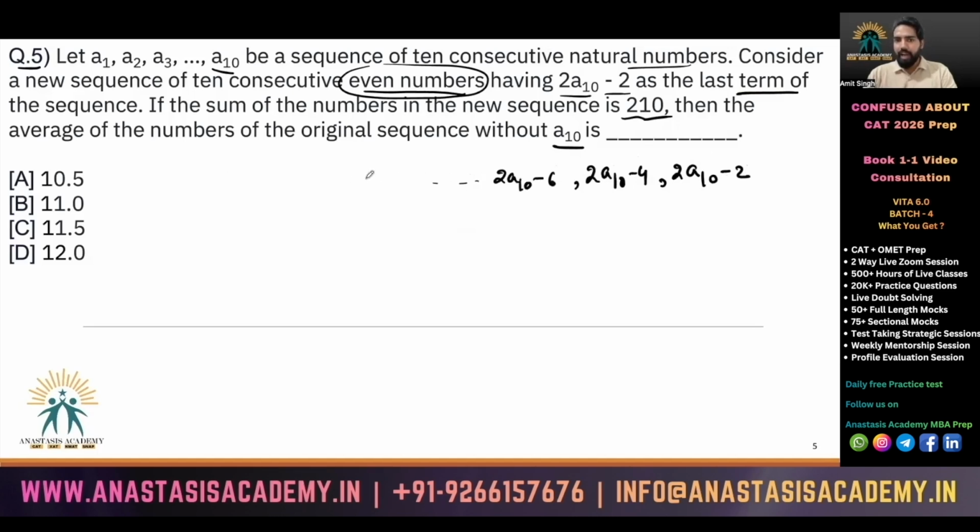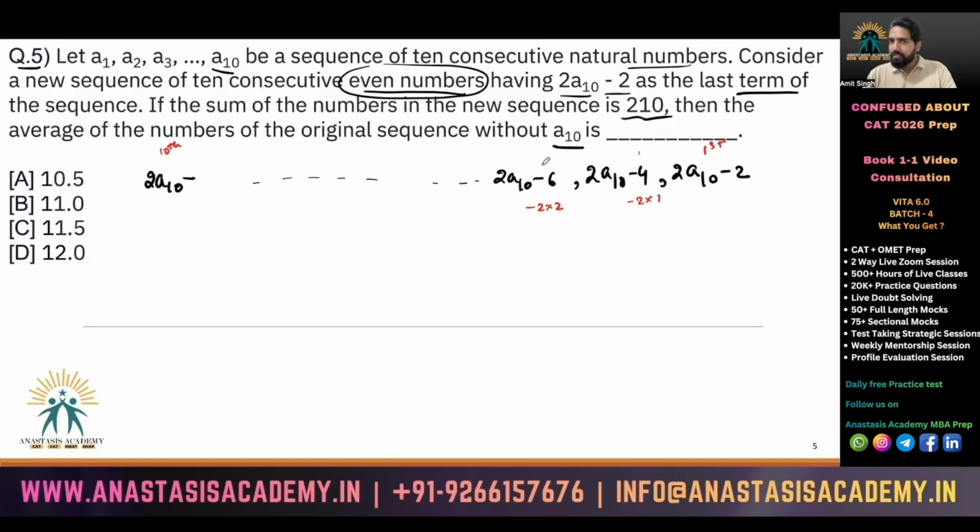So can you write the first term? If we start from backwards, I can write it as the first term. From the second onwards, I am adding minus 2 each time, so it would be 2a10 minus 2, and I have to add minus 2 into 1, then minus 2 into 2, and so on.